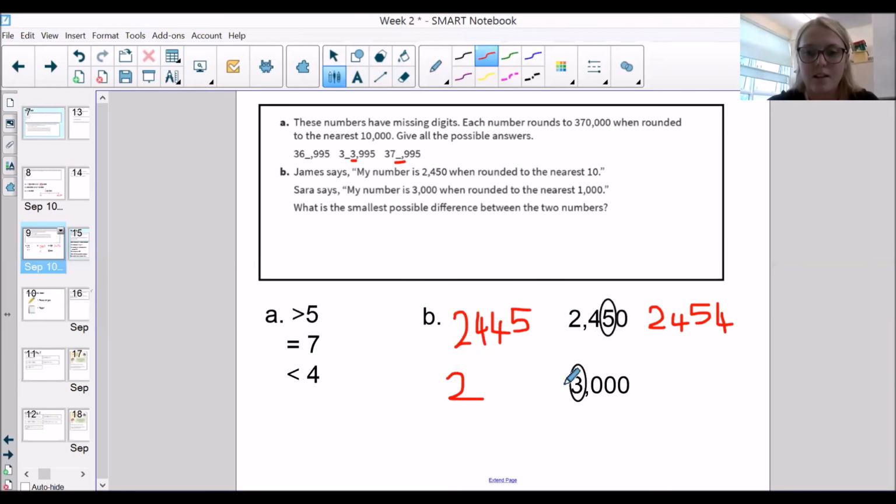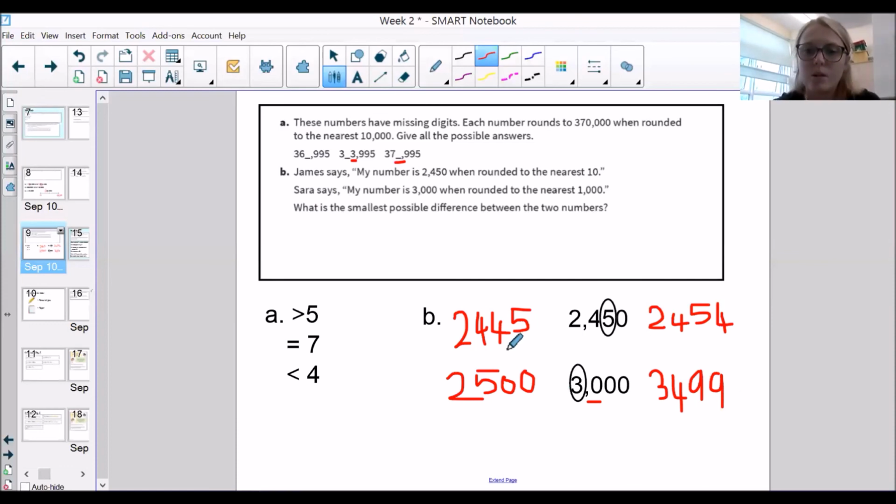Okay, and then the next digit, next door, we would need to round up to 3,000, so the smallest possible option it could be would be a 5, and then the rest of the digits would be a 0. So our smallest option it could be would be 2,500, and our biggest option it could be would be 3,499.